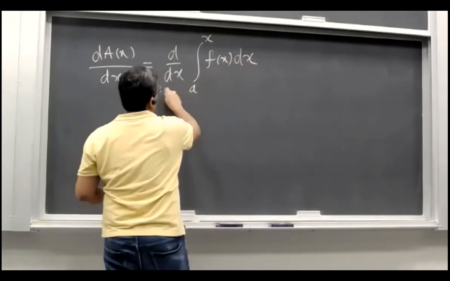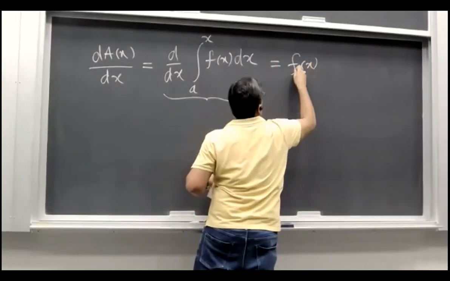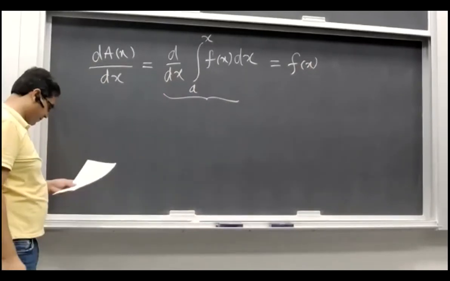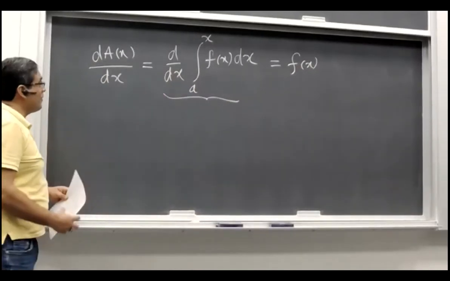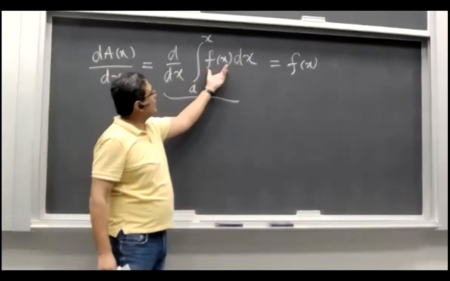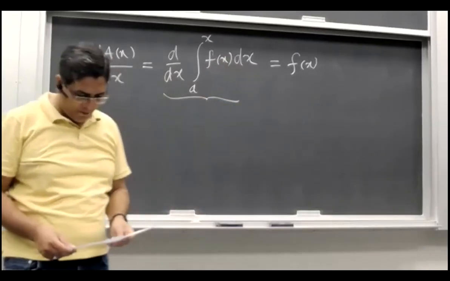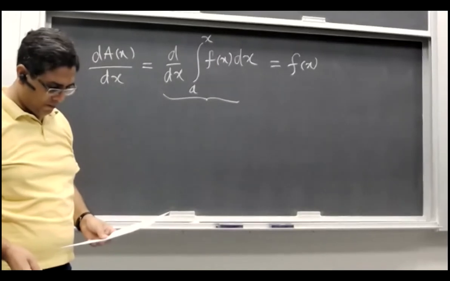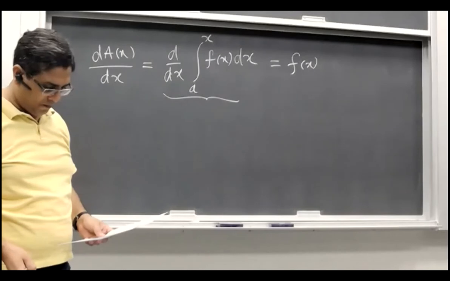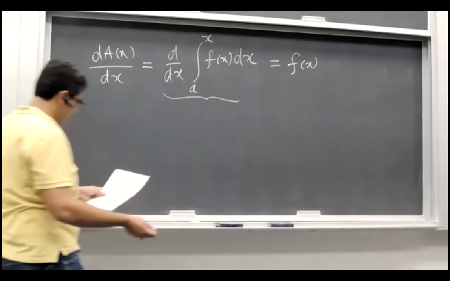And this would be equal to f of x. ठीक है? So in a way, it's saying that the derivative undoes the integration and gives you the function. And you can even show it if you like, for example.